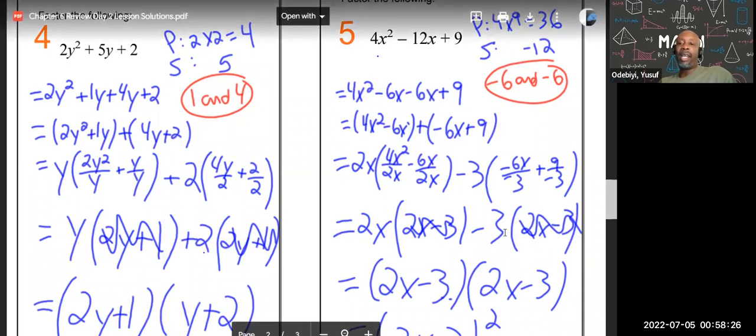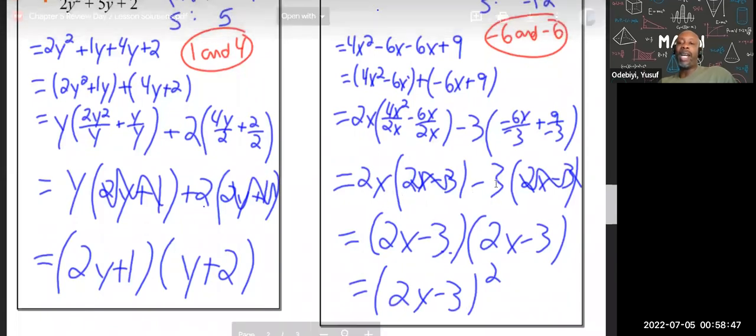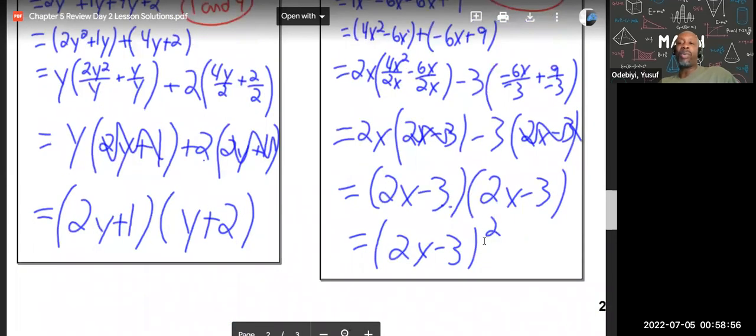And over here, when you take that out, it'd be negative 3, so negative 2. So not negatives, because you're dividing by a negative. So it'll be 2x plus negative 3. So I'm left with the factors of 2x minus 3 in one bracket, and the other bracket would be 2x minus 3. Oh wow, they're both the same. So you know what that means? It's a perfect square. So that's what you do there.